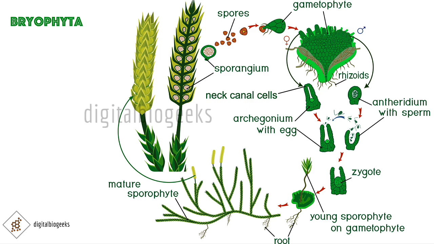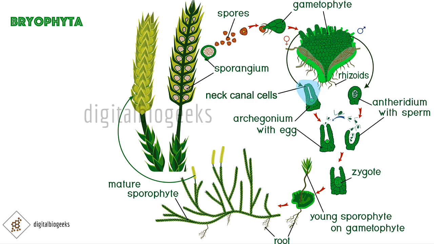When raindrops get trapped on the tip of the gametophyte, the male gametes are released into the water droplet. Let's learn in detail. The neck of the archegonium, the female organ, is a single thread of cells that forms the neck canal. These are the neck canal cells.